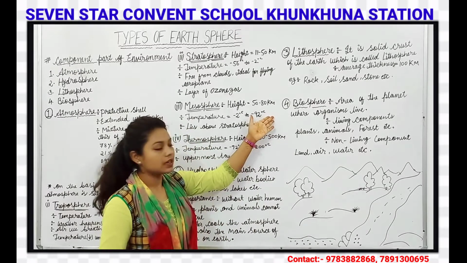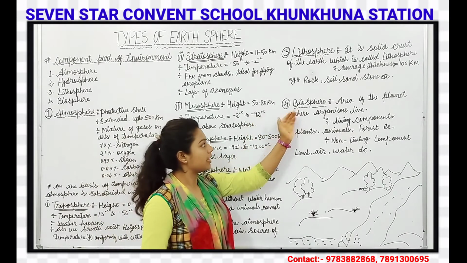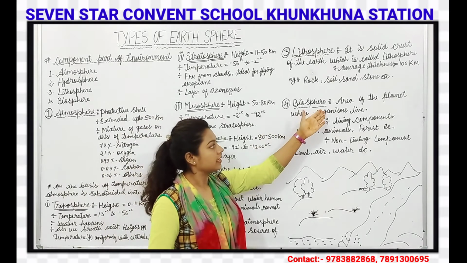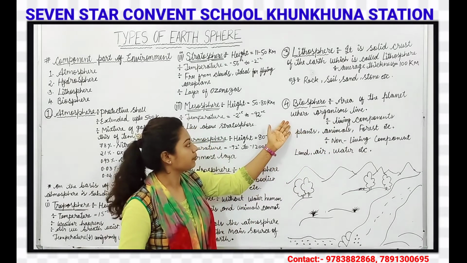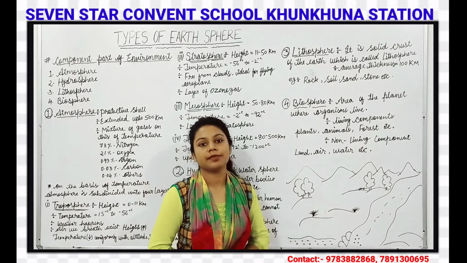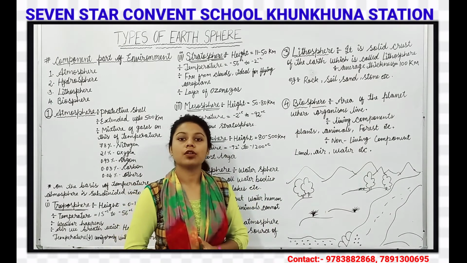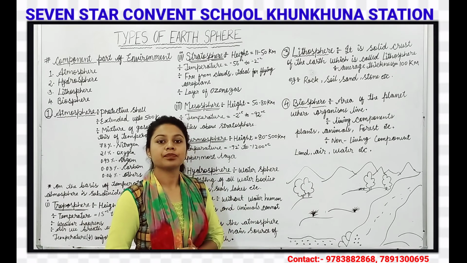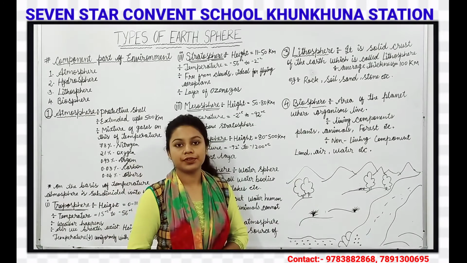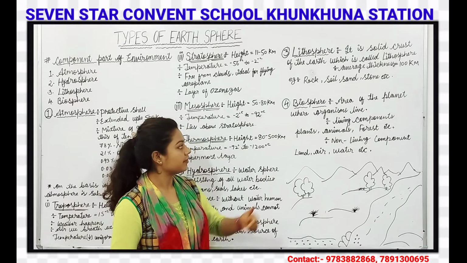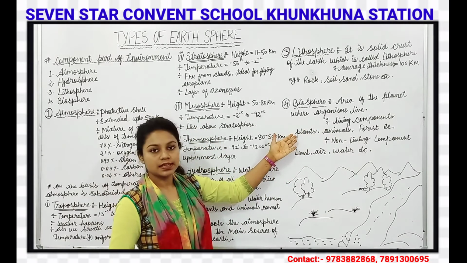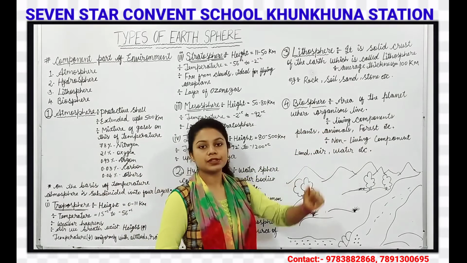And the fourth one we have is the biosphere. Bio means life. This biosphere is the area of the planet where organisms live. The living components are the plants, animals, forests, human beings.